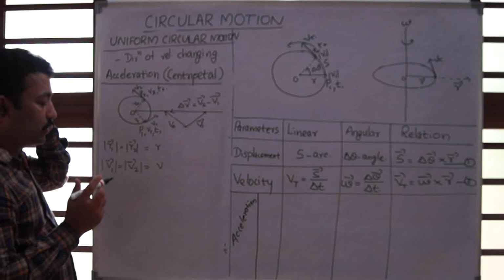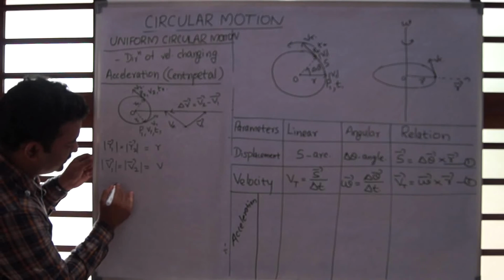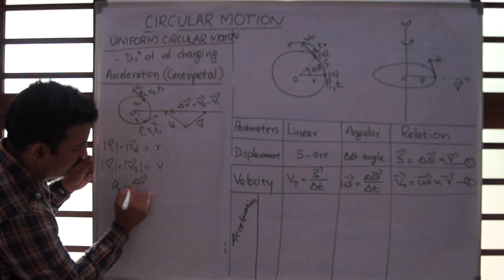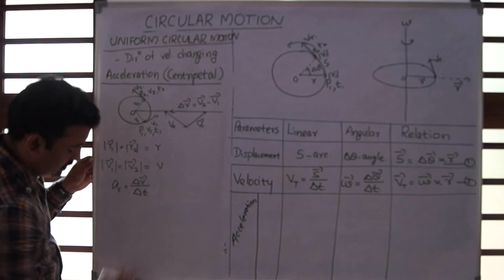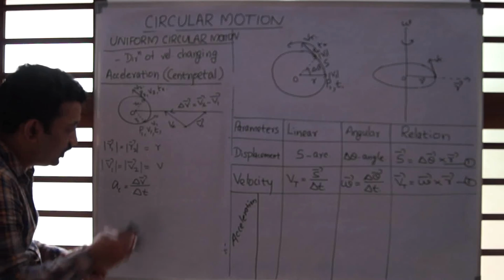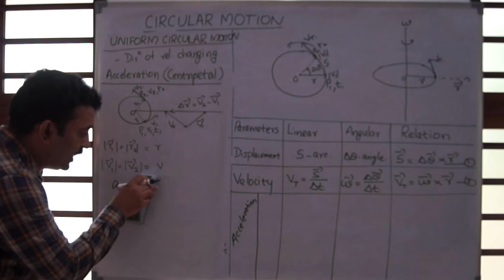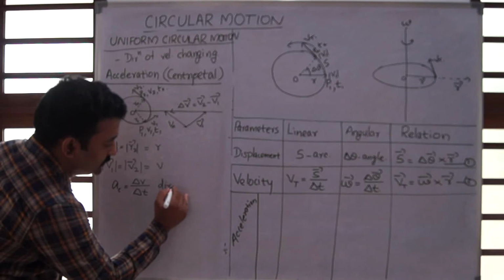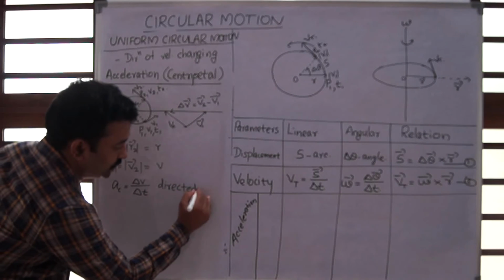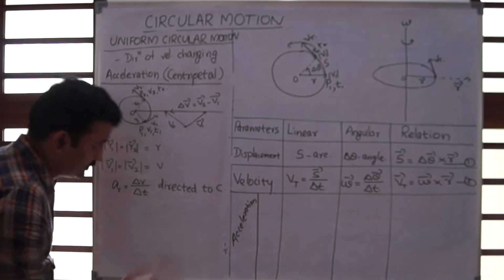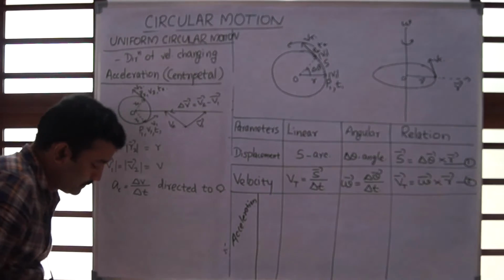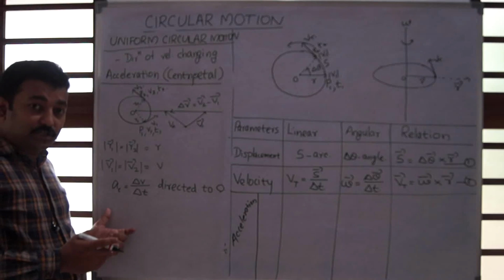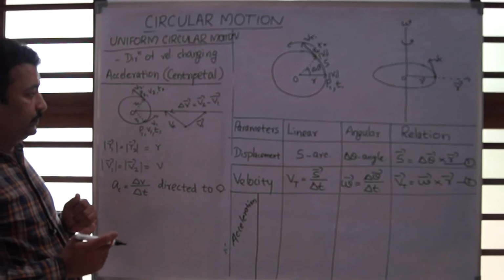Now let us try to get the value of that one. What is centripetal acceleration? Acceleration is delta v divided by delta t, and the direction we already have got, so I can remove the arrow mark because this is directed towards the center, directed to center O. Now our problem is to get the value of that acceleration AC.